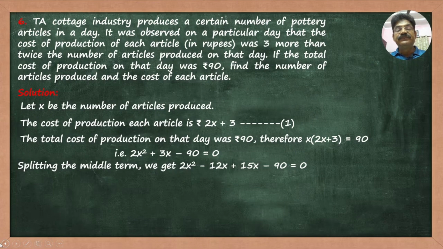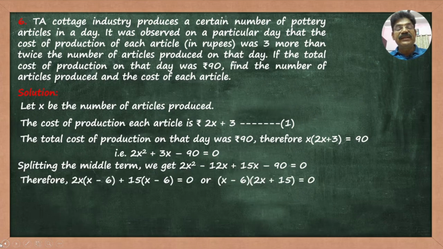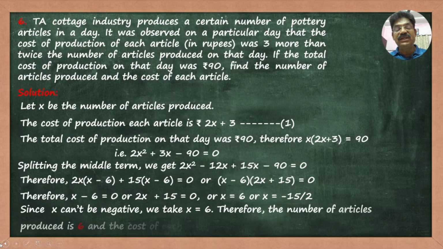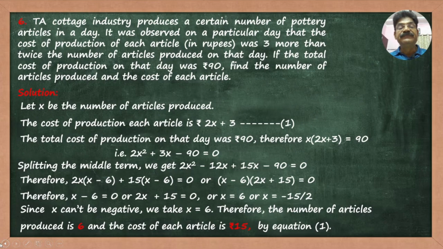Now 2x into (x minus 6) plus 15 into (x minus 6) is equal to 0, or (x minus 6) into (2x plus 15) is equal to 0. Therefore, either x is equal to 6 or x is equal to minus 15 by 2. Since x cannot be negative, we take x is equal to 6. Therefore, the number of articles produced is 6 and the cost of each article is 2x plus 3, which is equal to 15.